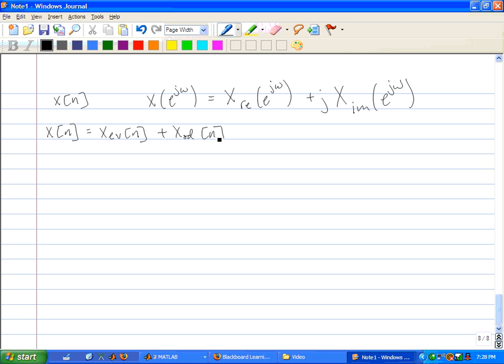And it turns out that when you take the Fourier transform, the even part always corresponds to the real part, and the odd portion of your signal corresponds to the imaginary part.